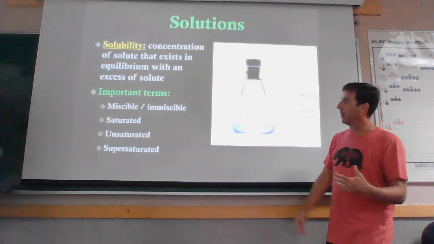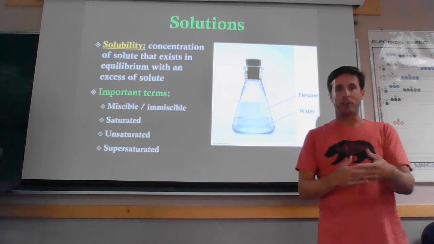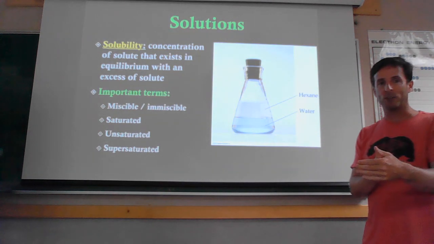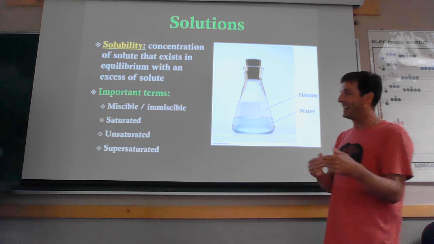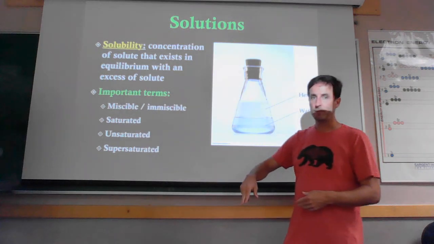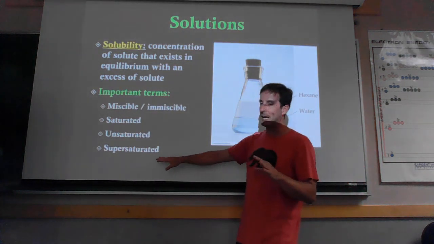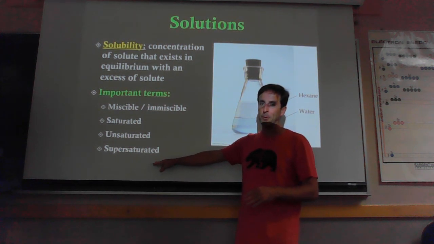Now, other words: saturated. If I add enough solute to reach the maximum amount that could dissolve into a solvent, that would be a saturated solution. Anything less than the maximum is going to be called unsaturated. And then finally, there are special cases where we could form a supersaturated solution, although those are very unusual, so you have to be careful with that one.